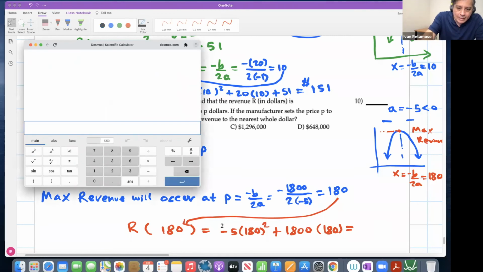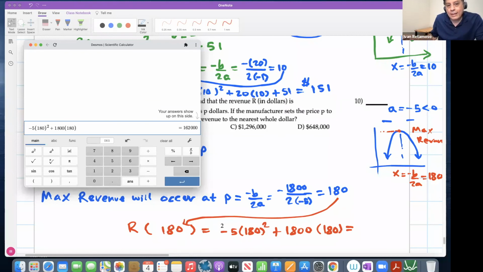So we'll have -5 times 180 squared plus 1,800 times 180. Notice how I'm using parentheses, guys. It helps a lot, the use of parentheses, especially if you are substituting negative values on your functions, right? So consider that times 180.